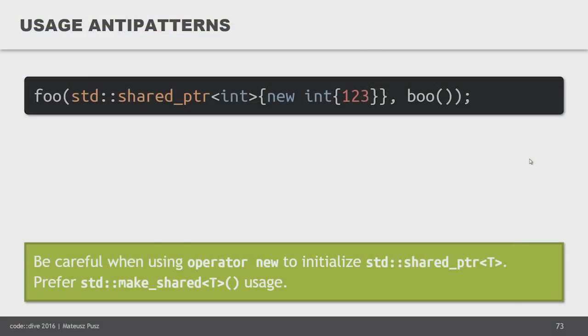So basically, you should just use make shared for things like that, or allocate the pointer above, for example, shared pointer, before calling the function foo.